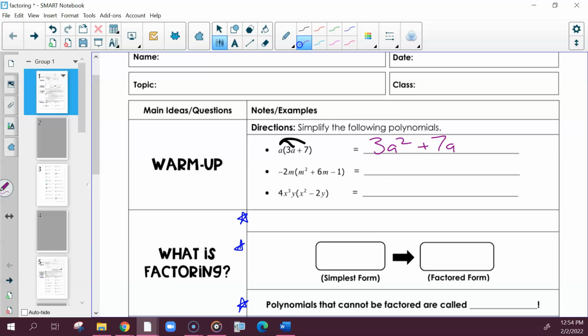When I multiply those together, what do you think I would get? M squared and M. It'd be M cubed. So then the next one would be negative 12M to the second power. We're taking both M's and we're basically combining their exponents, adding their exponents together. And then negative 2 times negative 1 would be positive 2.